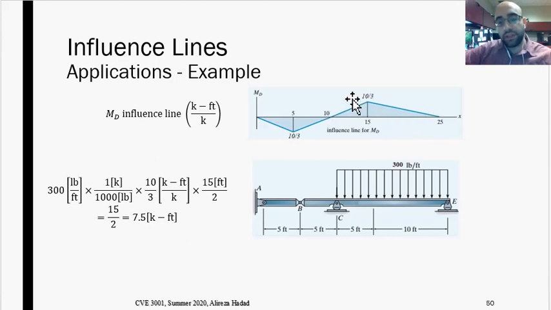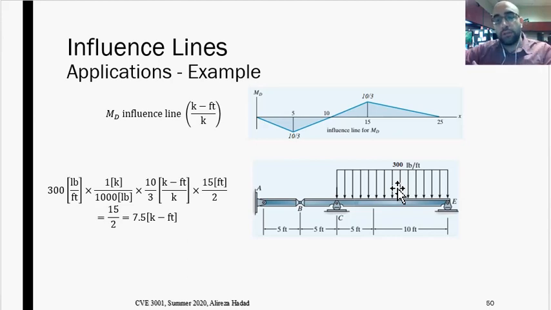Over here you can see the positive region, so I'm going to put the uniform load over here, and now I can understand the maximum positive bending moment that can be created at point D because of this moving uniform load. We are calling this a moving uniform load because the load can be changed during the life of the structure.